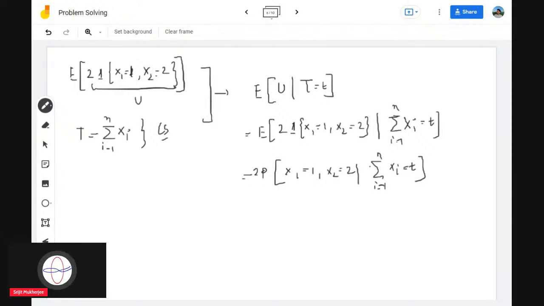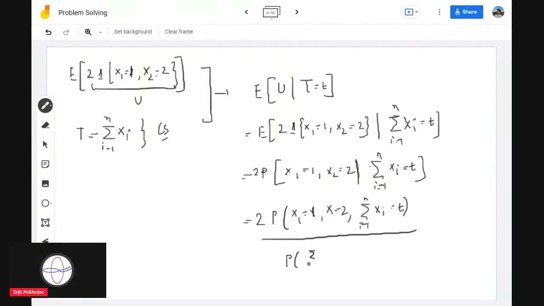It's nothing but a conditional probability calculation now. How can we find this conditional probability? It's very easy. Just use basic stuff: x1 is equal to 1, x2 is equal to 2, and summation of xi is equal to t, divided by the probability of summation of xi equal to t.